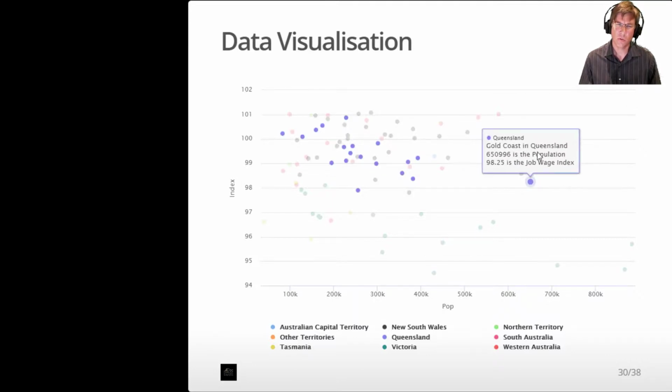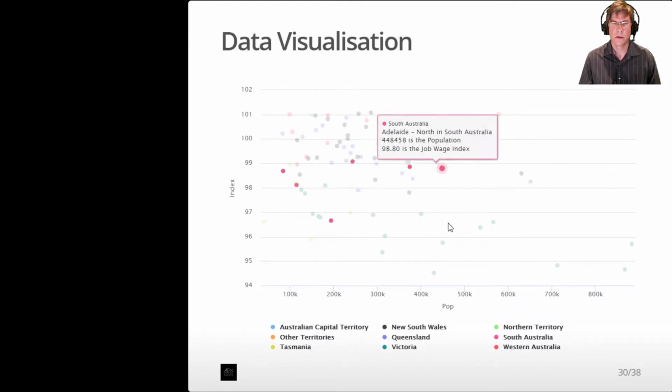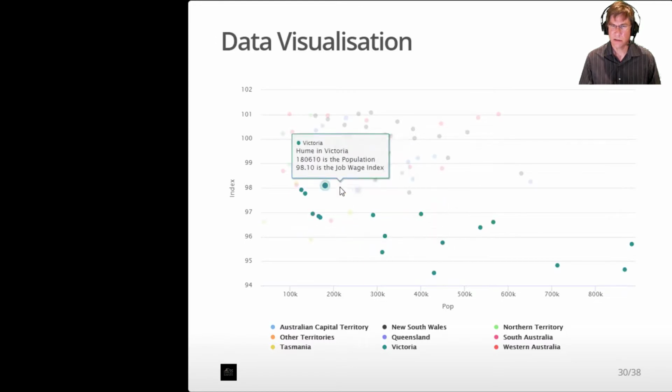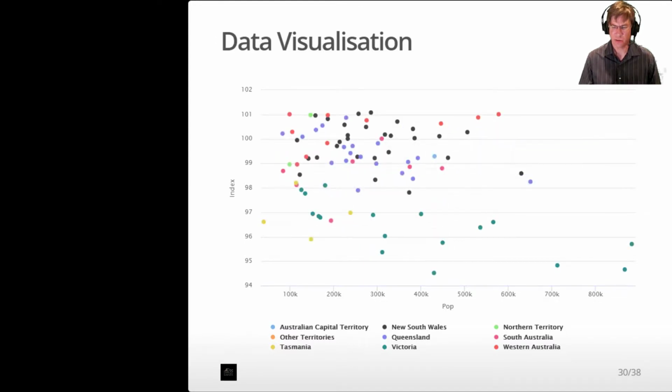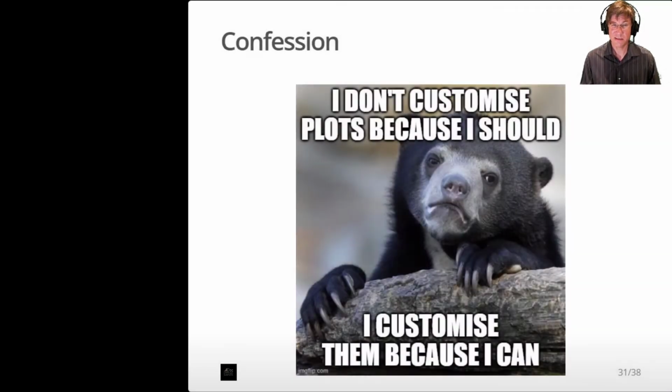And in looking at these graphs, it's hard to know what types of graphs to make, what people want to see, and left to my own devices, I do confess that I tend to customize plots not because I should, but because I can. I said earlier that when you're doing data visualization, you should have some fun with it. And so if people ask me to show them something interesting, I tend to have fun with it.